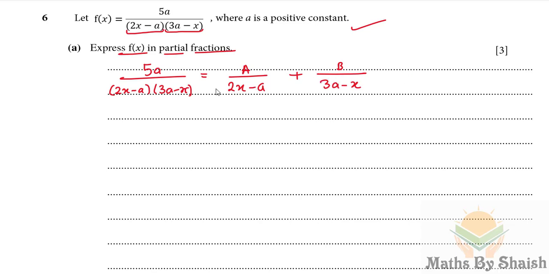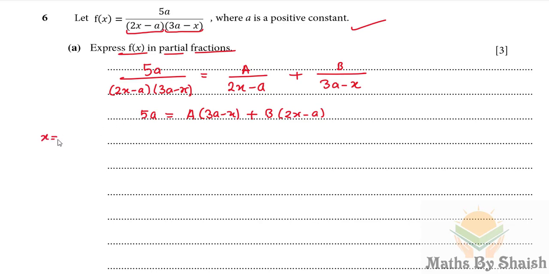So we'll simplify by multiplying both sides by the whole product (2x minus a)(3a minus x). We get the left hand side as 5a, and the right hand side we get A times (3a minus x), because the 2x minus a got cancelled when we multiply. Similarly from B we'll get only 2x minus a. It is true for all values of x, so we can replace x by any value.